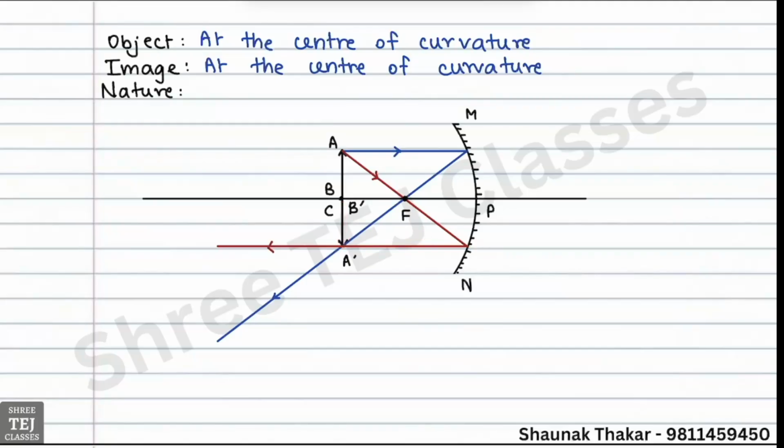It is of same size and it is inverted. Images in front of the mirror are called real images and it is upside down, so inverted. So nature is inverted and real, and size is same as the object.